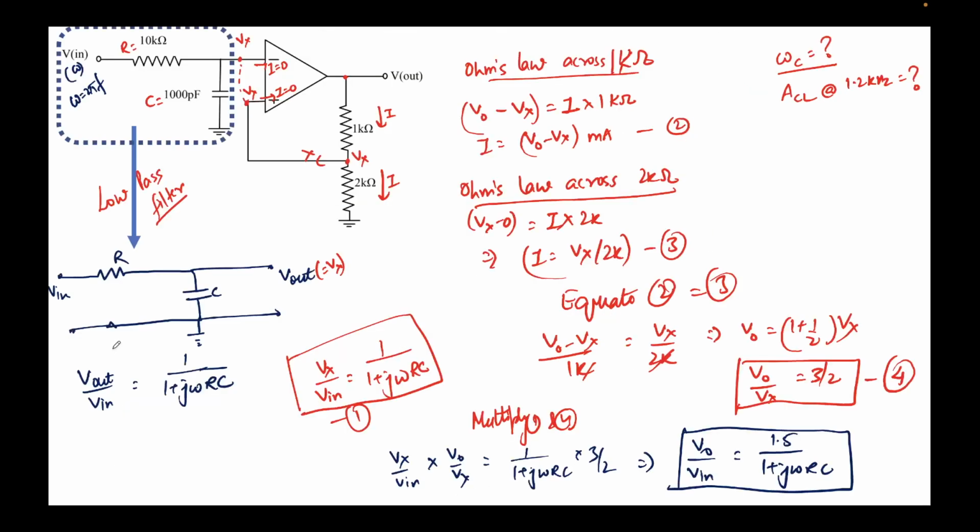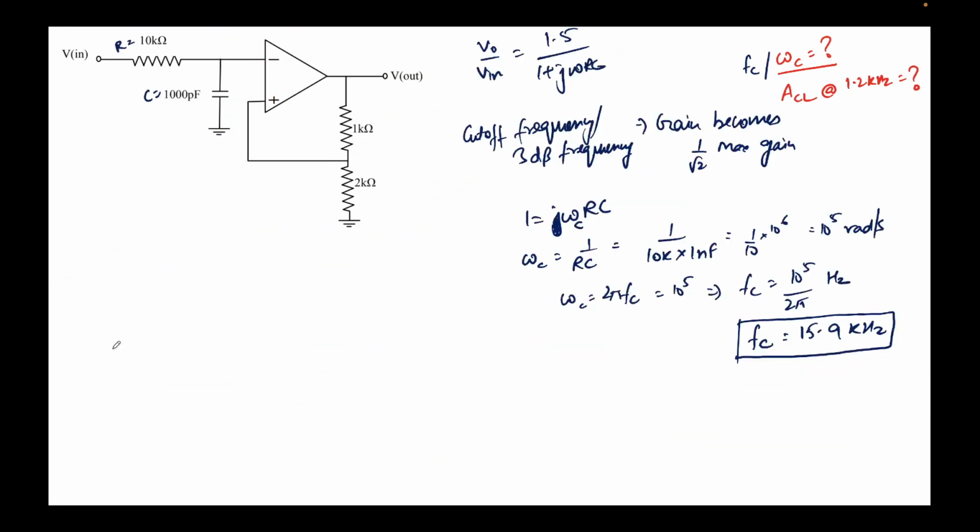Now the next part asked us to find out the closed loop gain at 1.2 kilohertz. That's very straightforward. We just put omega corresponding to 1.2 kilohertz. So we can say V naught upon Vin is equal to 1.5 upon (1 plus j). Omega is 2 pi times 1.2 kilohertz, that's 10 to the power 3.